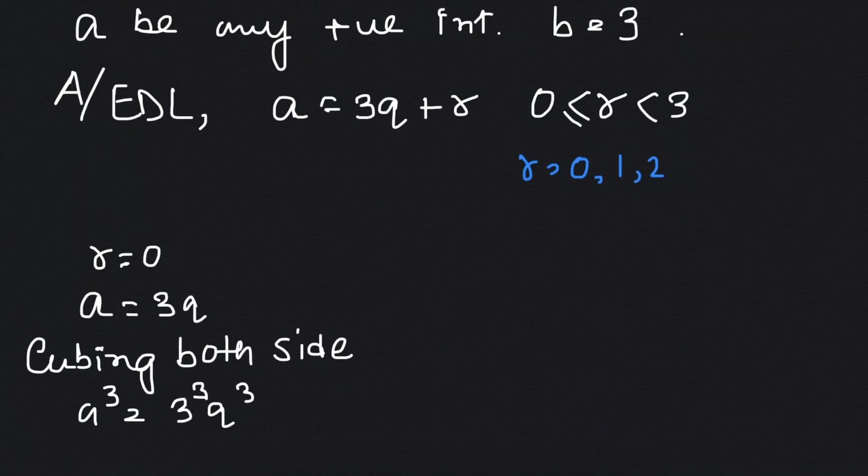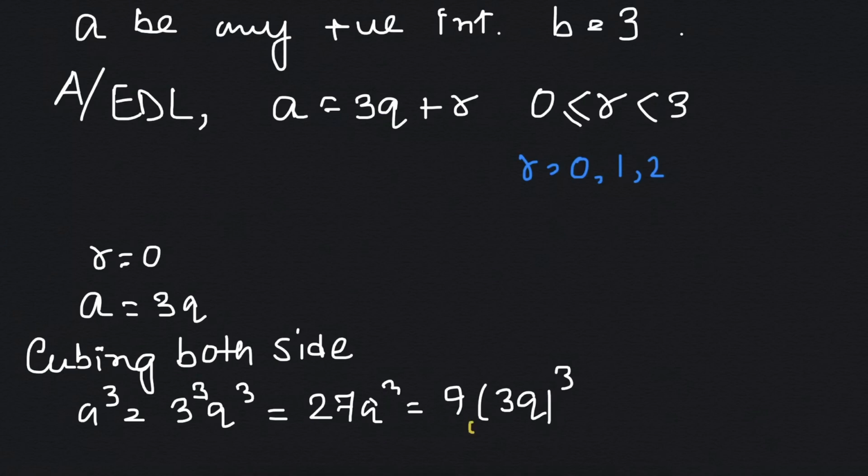Here 3 cube is equal to 27, so a cube is 9 into 3 q cube. Since q is an integer, 3q cube is also an integer. So let's name it m, any integer m. So we can rewrite this as 9 into m.